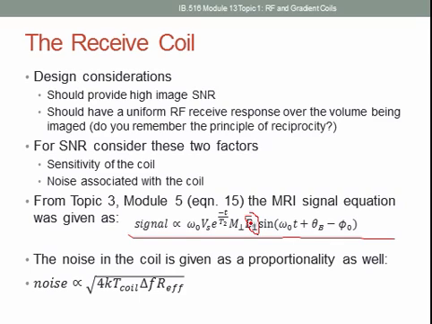Again, this is from the principle of reciprocity. The receive coil doesn't actually create a magnetic field, but it has to be able to create a magnetic field in the transverse plane.